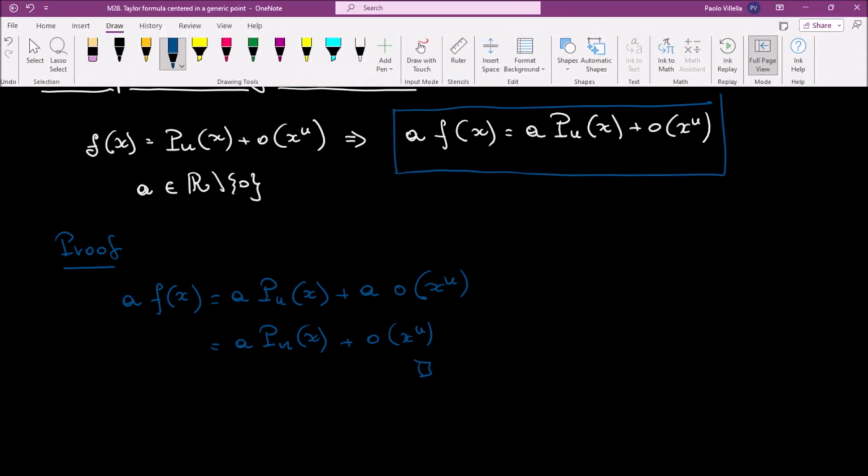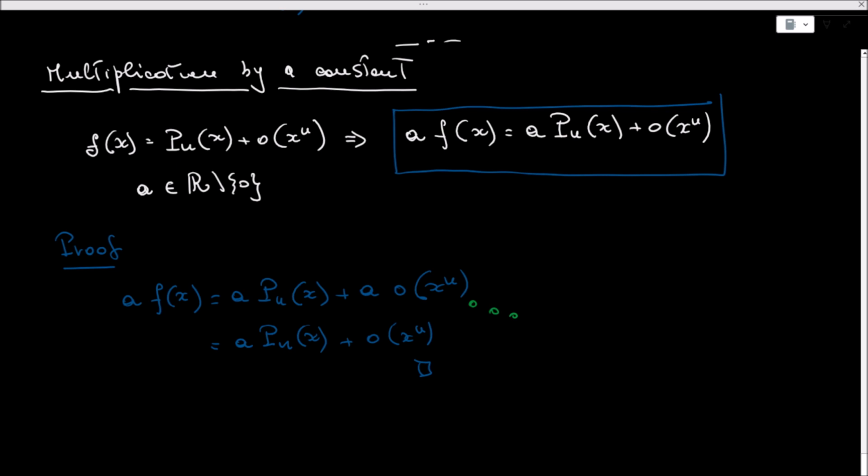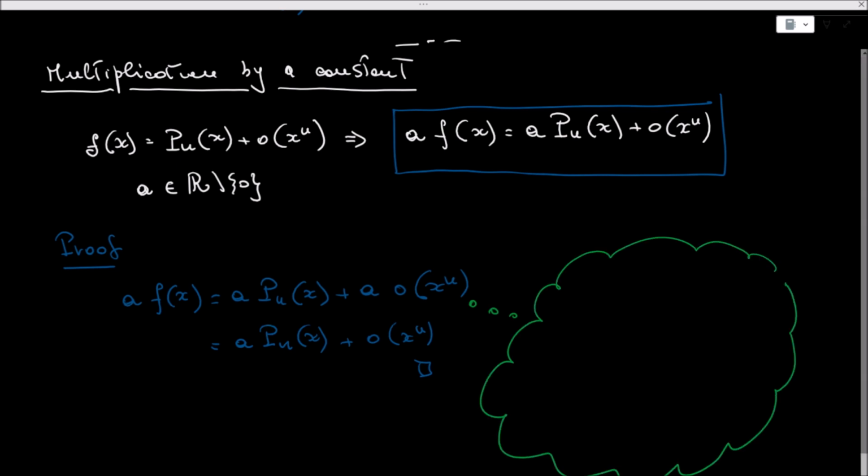Now, if you doubt that a times little o of x to the n is indeed little o of x to the n, we can give the proof of this, okay?